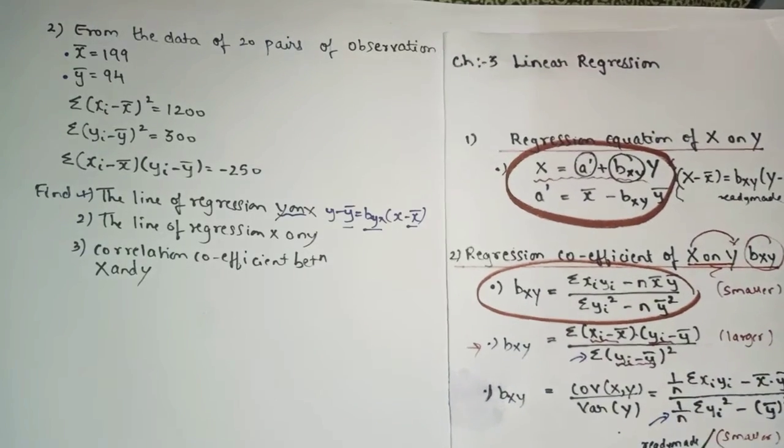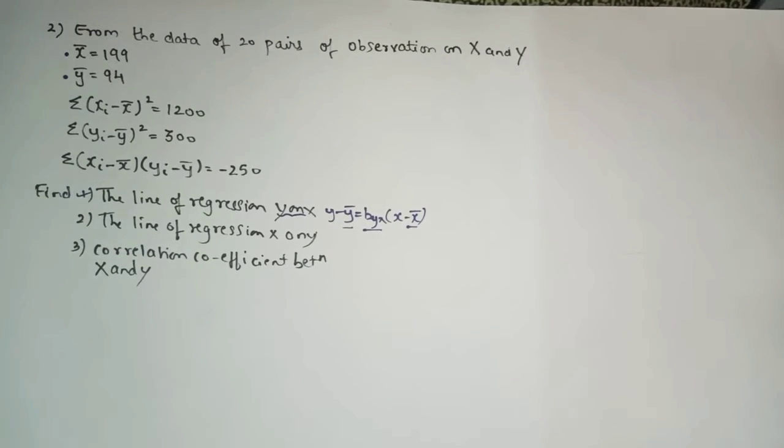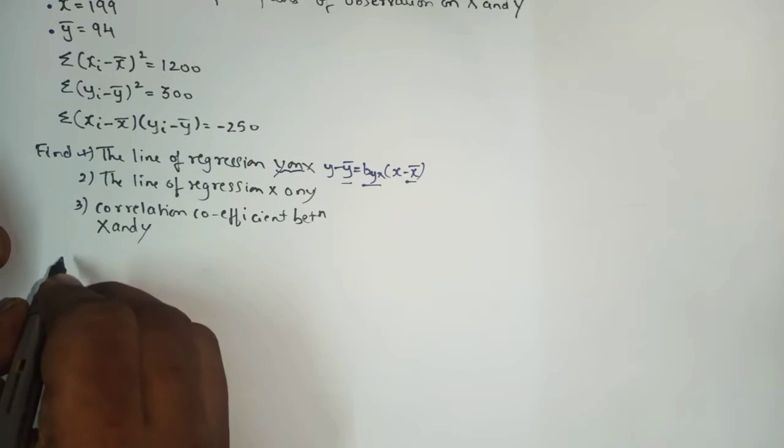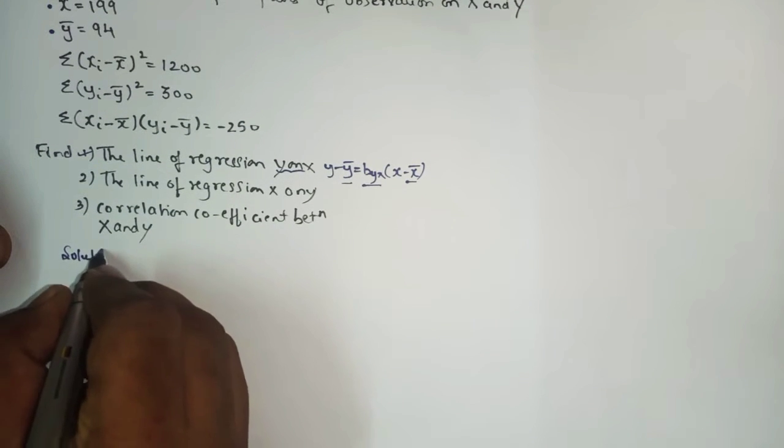So we'll start with the first part, as we have to find the line of regression y on x. First we'll write the solution.